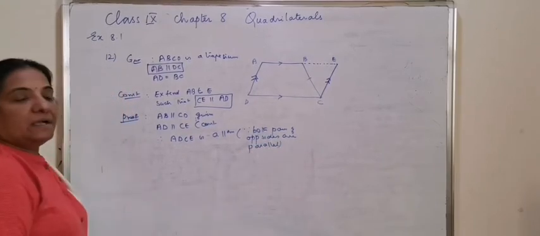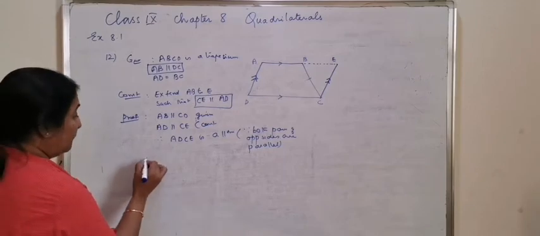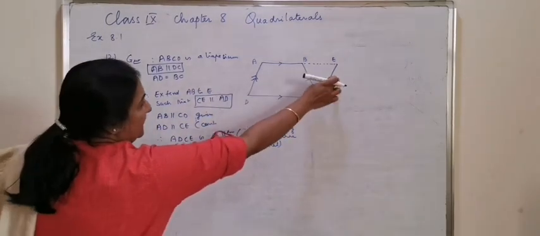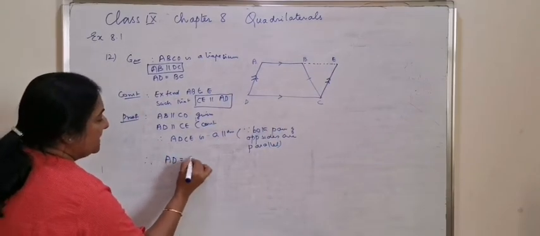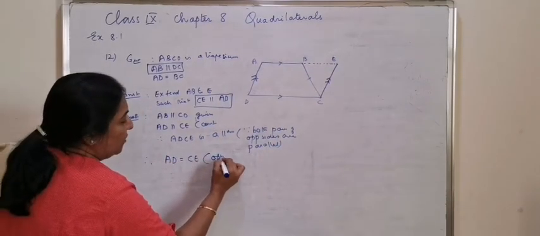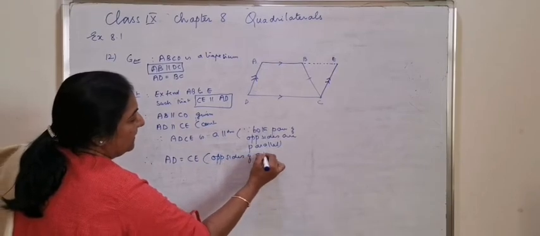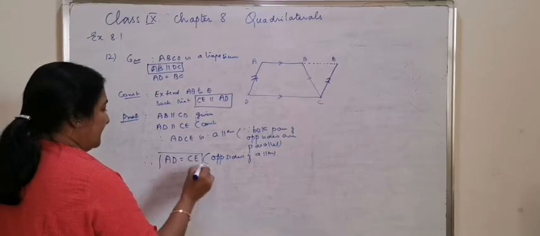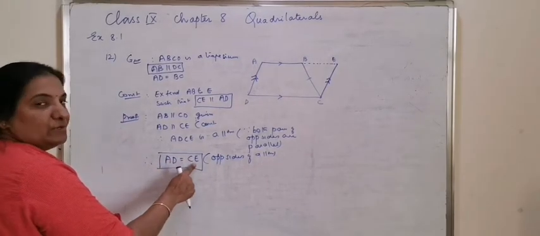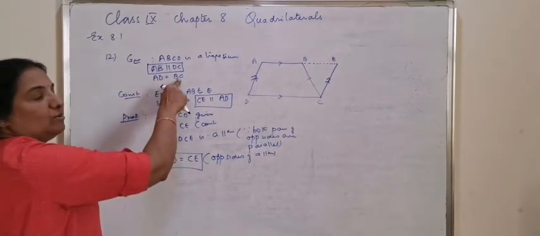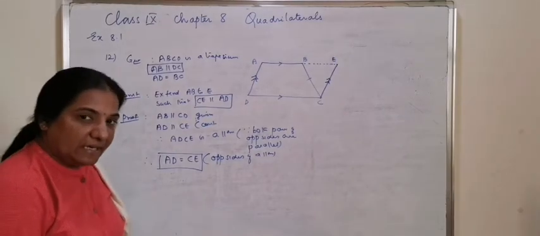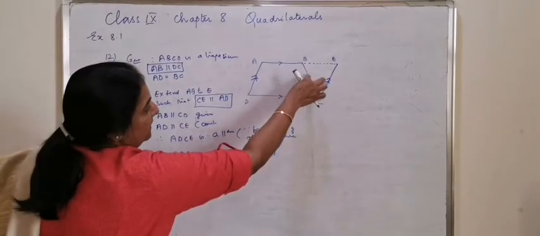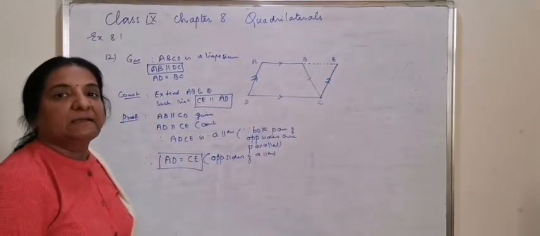Therefore, what can you say about the pair AD and CE? AD equal to CE, opposite sides of a parallelogram. If AD is equal to CE and AD is equal to BC, which is the given condition, we can say BC and CE are equal.